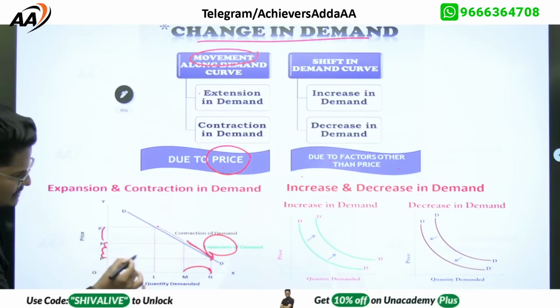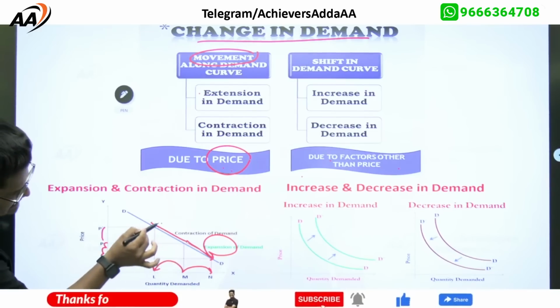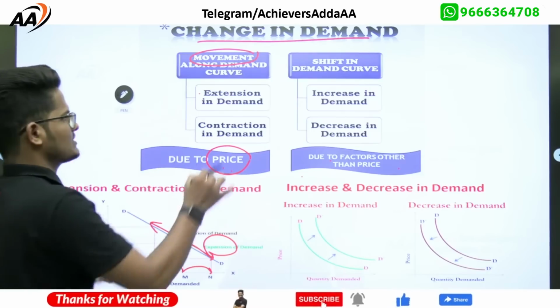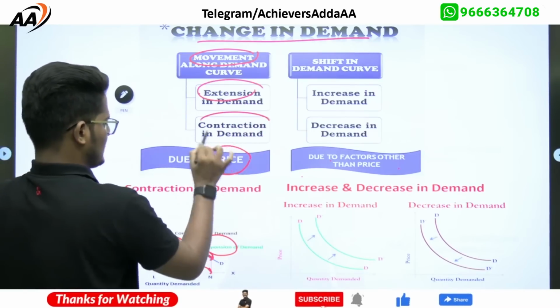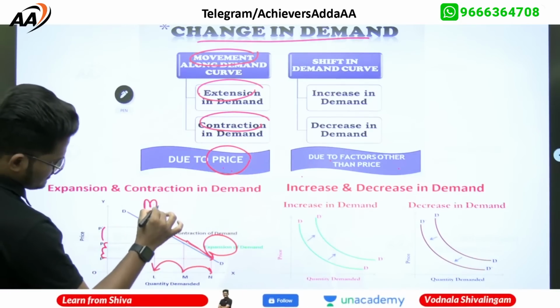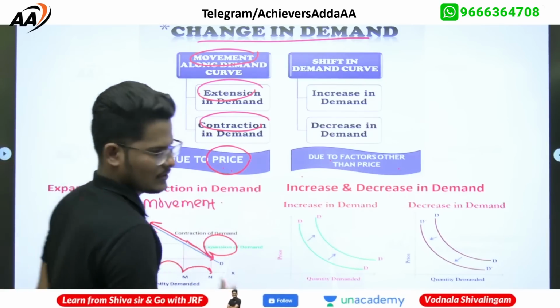An increase in price leads to a reduction in demand, and due to this, contraction happens. Contraction means a decrease in demand due to the increase in price. So extension and contraction together are called movement of the curve.